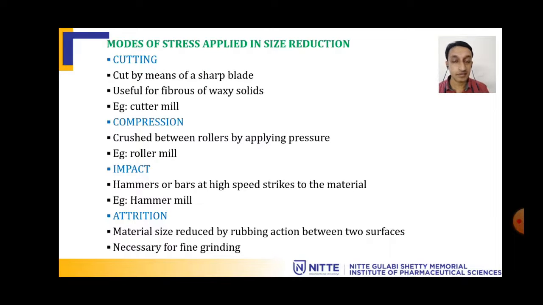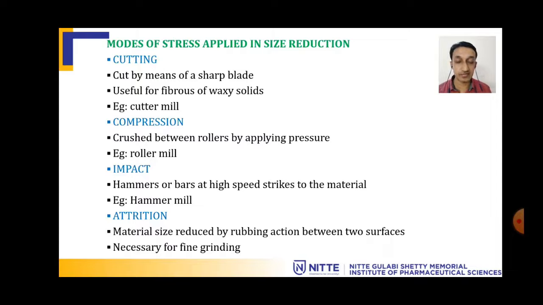Cutting is nothing but, as we all know, cutting by a sharp knife or a blade. The material will be cut into small pieces by a sharp object. So this is useful for fibrous materials as well as waxy solids.